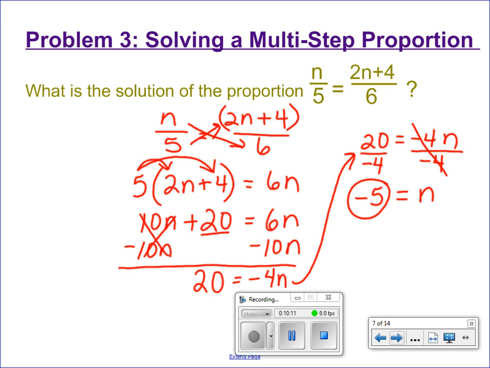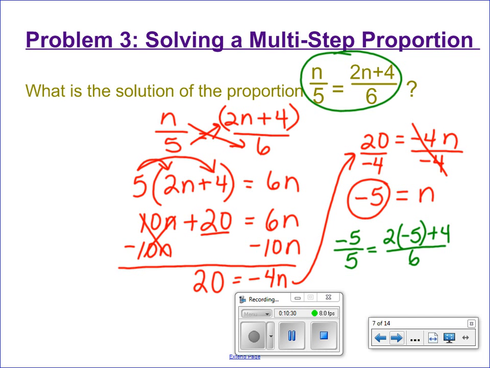Now we're going to check it out by taking that and substituting it into our equation. That would give us negative 5 divided by negative 5 is equal to 2 times negative 5 plus 4, all divided by 6. Negative 5 divided by 5 is negative 1.